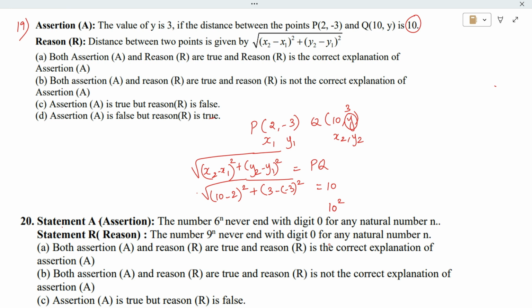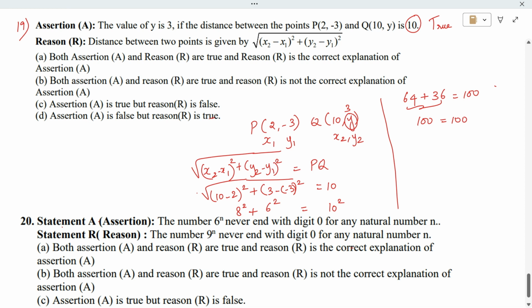And here 10 minus 2 is 8, so 8 square plus 3 minus of minus 3 will become plus 3, isn't it? So 6 square. I'm going to check whether 8 square plus 6 square is 10 square. 8 square is 64, 6 square is 36, equal to 100. Is it 100? 60 plus 30 is 90, 4 plus 6 is 10, so 100 is equal to 100, which means the given assertion is true.